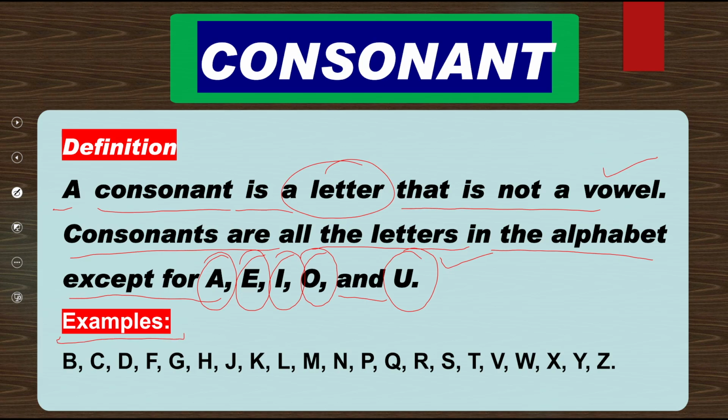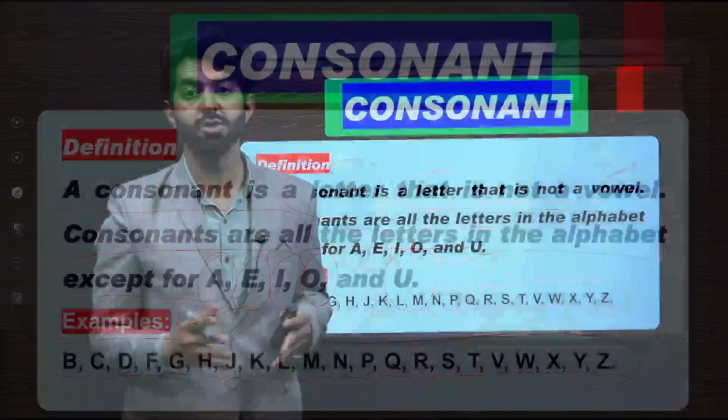So in the English alphabet, B, C, D, F, G, H, J, K, L, M, N, P, Q, R, S, T, V, W, X, Y and Z, all these are the consonants in English sound.